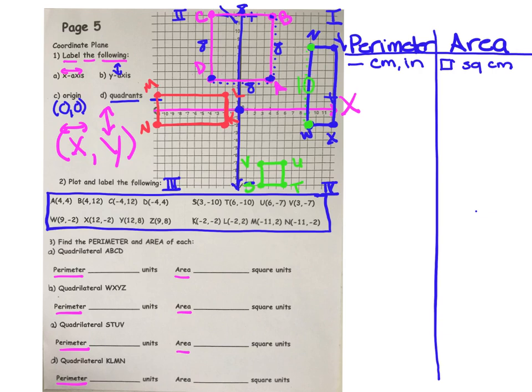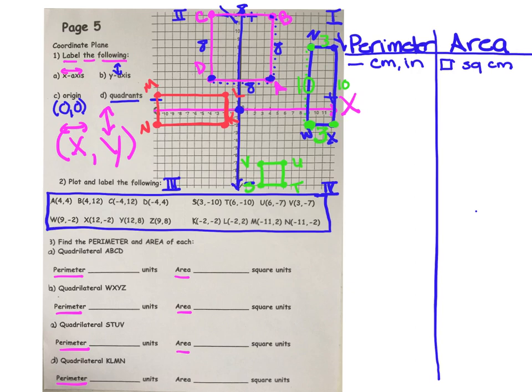That dimension is 10, and from W to Z, as we count, 1, 2, 3, there are 3 units along this side. If the left side is 10 units, well, so is the right. And if the bottom is 3, well, so is the top. Please label those.